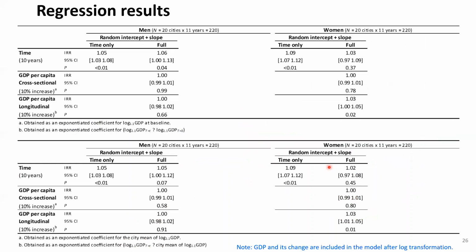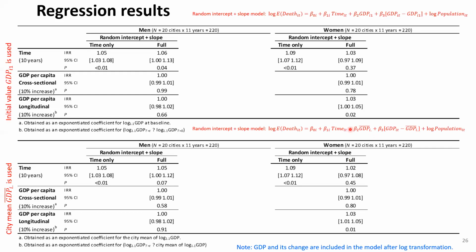So here you go. It's a little bit busy table, but the top one shows the results we get when we use initial GDP, or GDP of 2005, when we partition GDP into cross-sectional and longitudinal components.